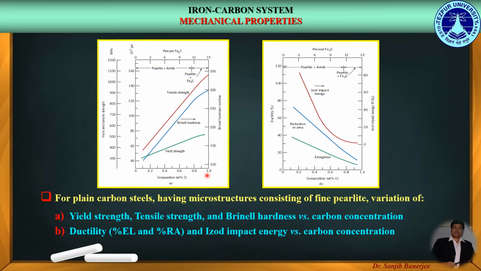In the second figure, we can see the variations in ductility in terms of percentage elongation and percentage reduction in area, as well as the Izod impact energy with respect to the carbon concentration, where we can see that, opposite to the trend in strength and hardness, ductility and toughness decrease with increase in carbon content.